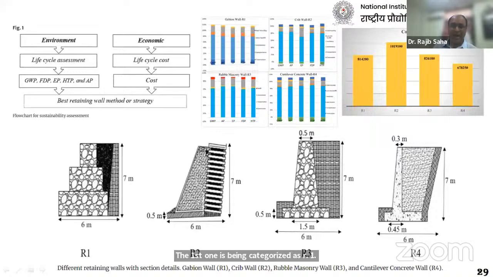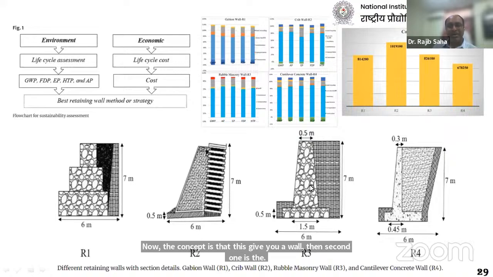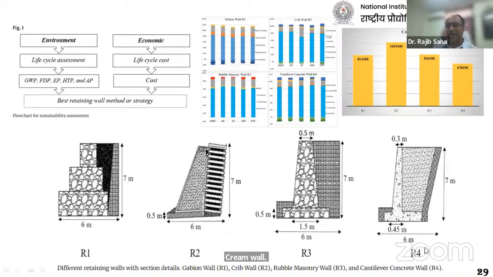All of you have a little bit of idea. Gabion walls are nothing but meshed rubble, and it's almost equal to a gravity wall. Then the second one is the creep wall. The third one is the rubble masonry wall, and the fourth one is the counterfort retaining wall, the traditional wall.